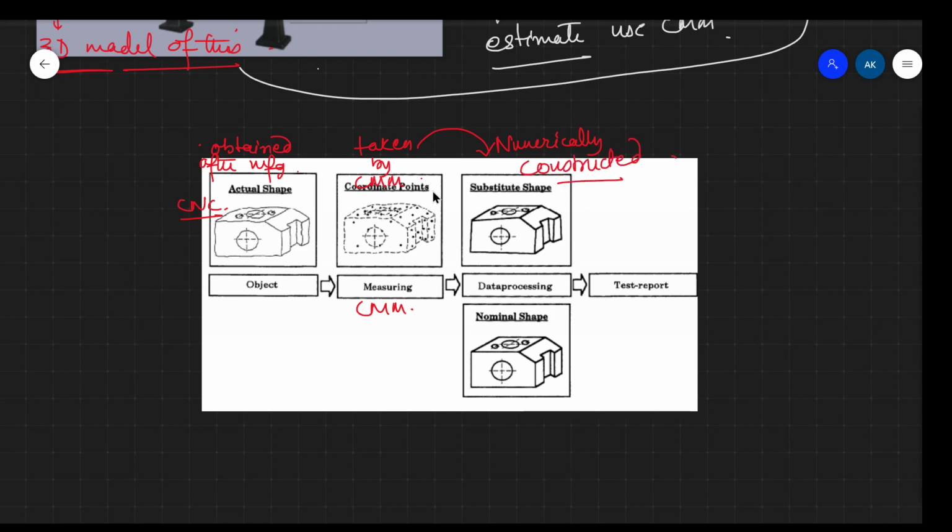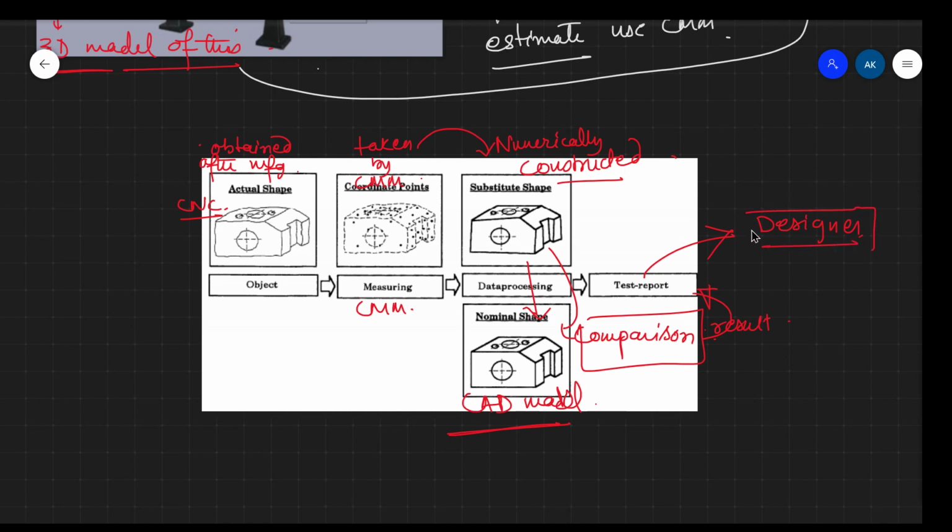Now this numerically constructed shape is compared to the nominal shape. This is the comparison, and this comparison is done with a CAD model. The comparison results are called the test results. These test results are sent to the designer.